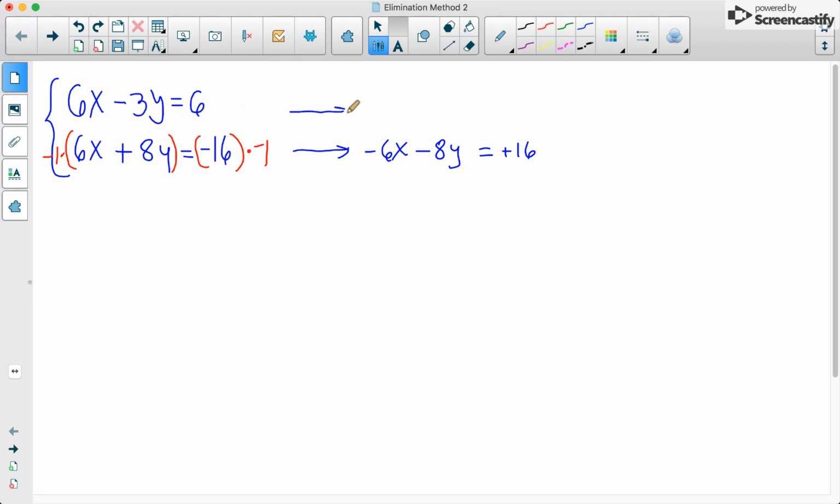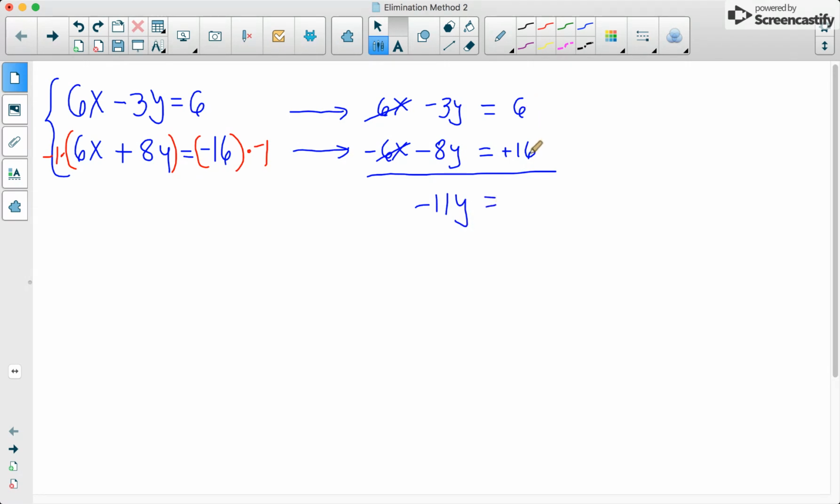The top equation stays the same right now, so I'm going to just rewrite it, making sure that I'm lining up the numbers so it's easier to do the math. So now I'm ready to add my equations. Now my 6x's are going to be eliminated because positive 6 minus 6 is 0. Negative 3 minus 8 would be negative 11.